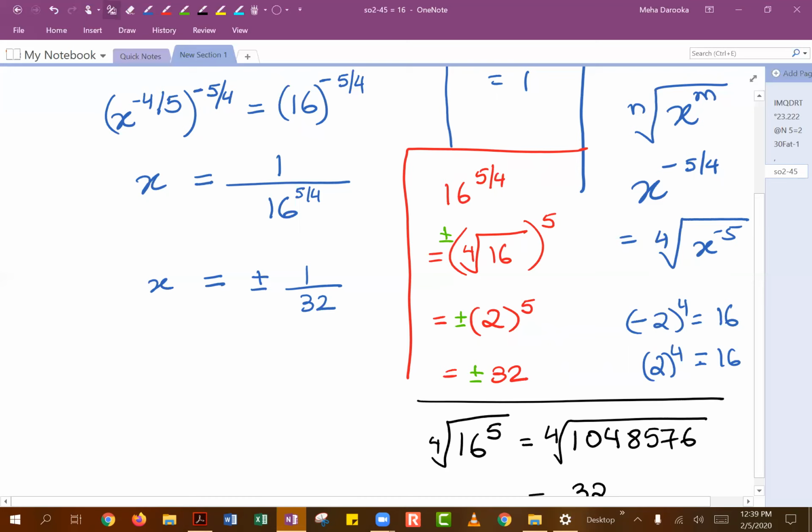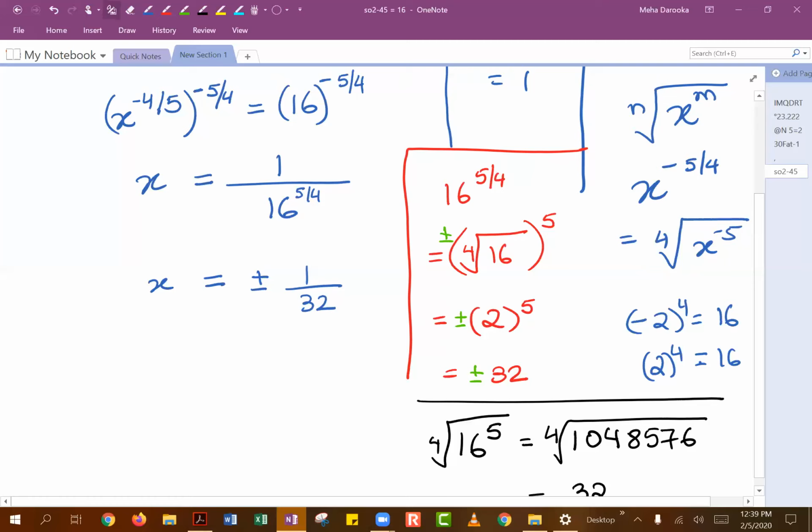As I was saying, you still need to clean up that denominator. You can either do 16 to the 5th power first, which gives you this 1 million something number, and then take the 4th root on that. Or you can do the 4th root first, which means we're dealing with smaller numbers, and then raise 2 to the 5th power.